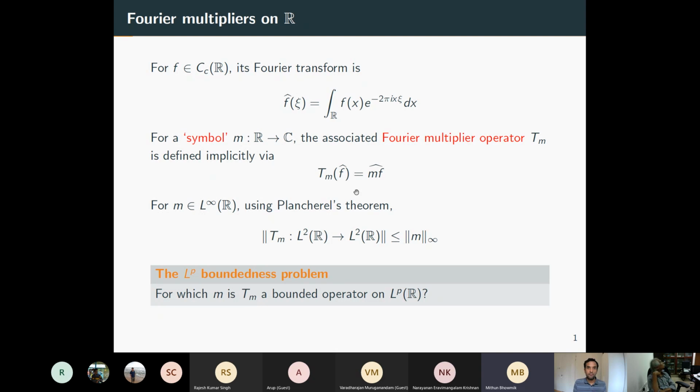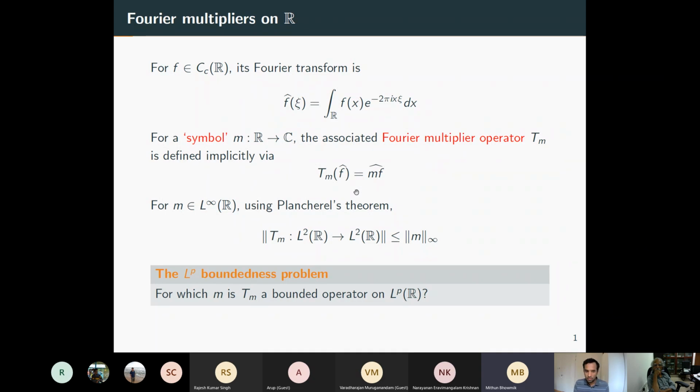So it's really a multiplication operator composed with the Fourier transform and its inverse, right? And these sort of operators are very common. They are of great interest. So for instance, the Hilbert transform can be seen as a Fourier multiplier, where the multiplier symbol in that case is the sign function.